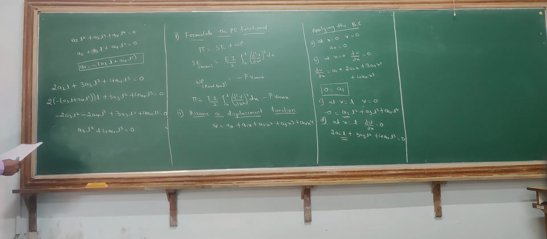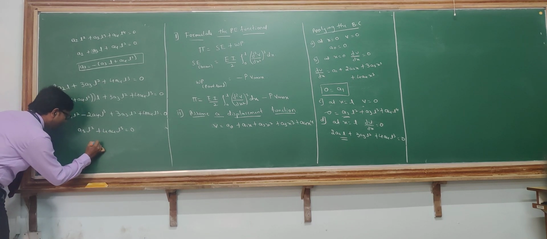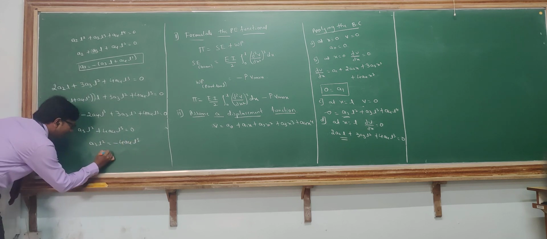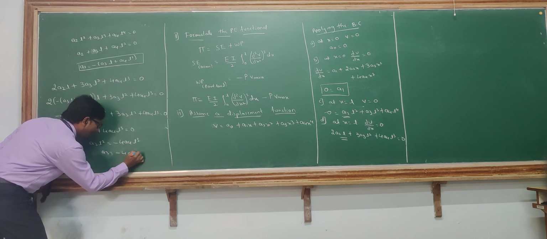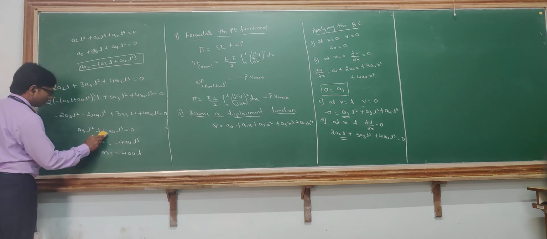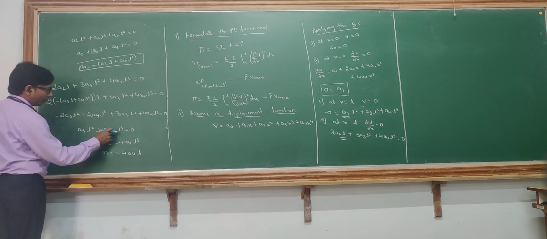So what you will get? A3 will be, I'll just check it out. A3L square plus 2A4L cube equals 0.